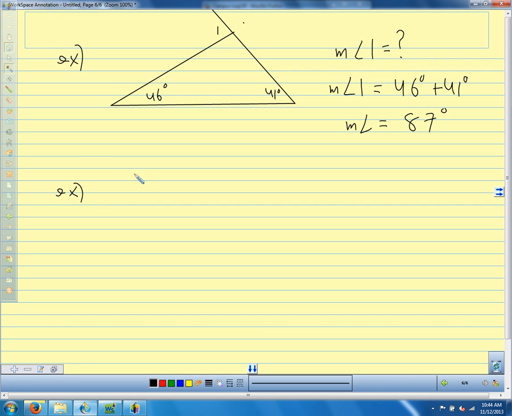All right, let's look at another one. So this is 119 degrees. This is 53 degrees. And this is angle 2. We want the measure of angle 2.